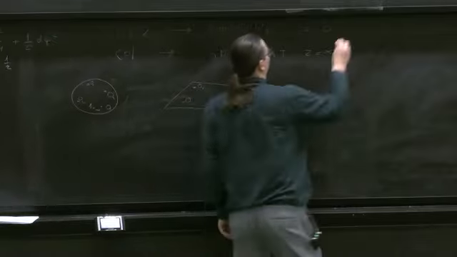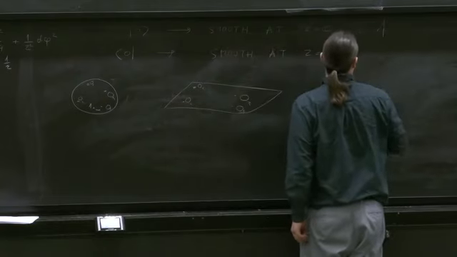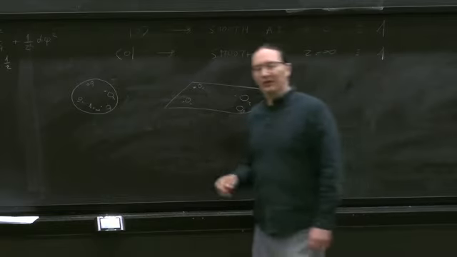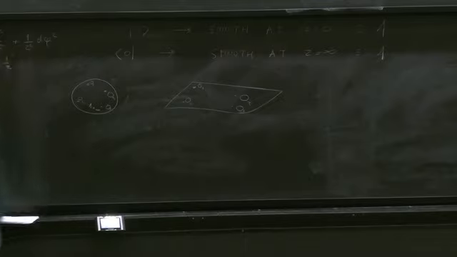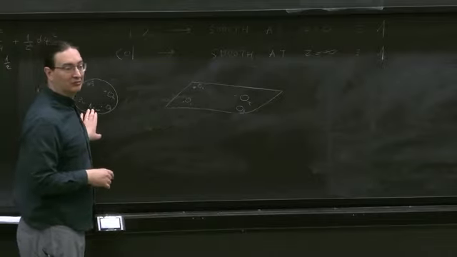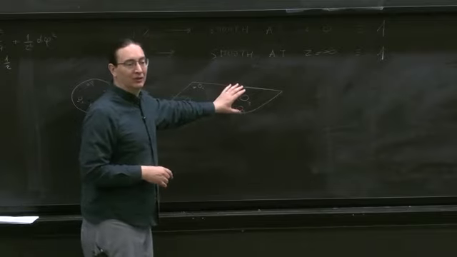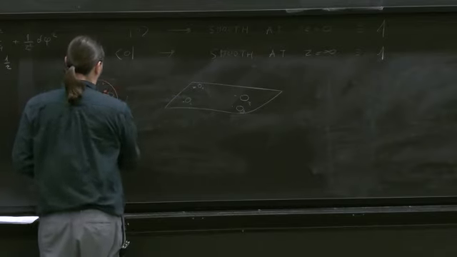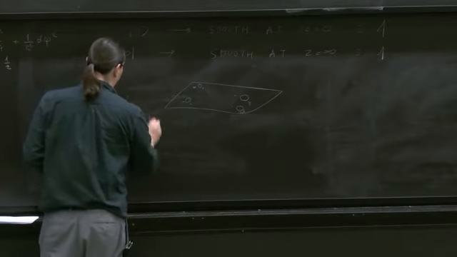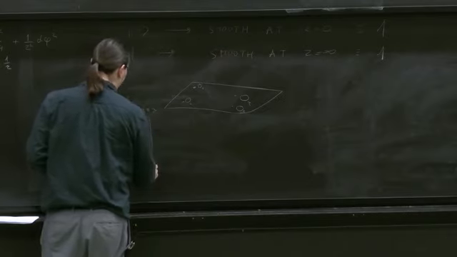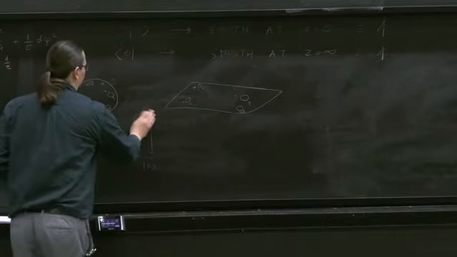So we've learned an interesting piece of dictionary: to do calculations on a sphere, as long as I don't have operators at infinity, I can do calculations on the plane. And if I don't have any operators at 0 and at infinity, I can do calculations on a cylinder with a ground state.